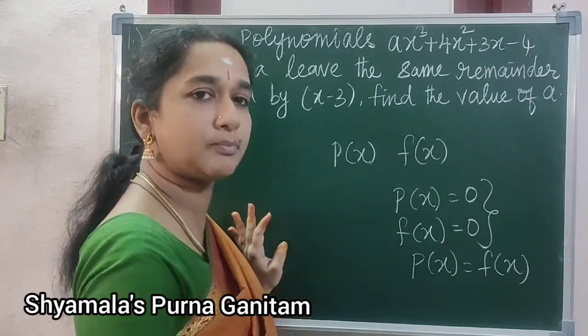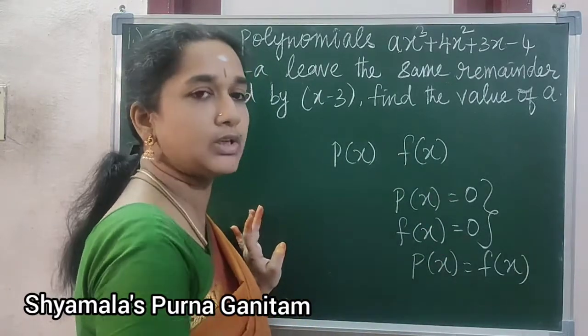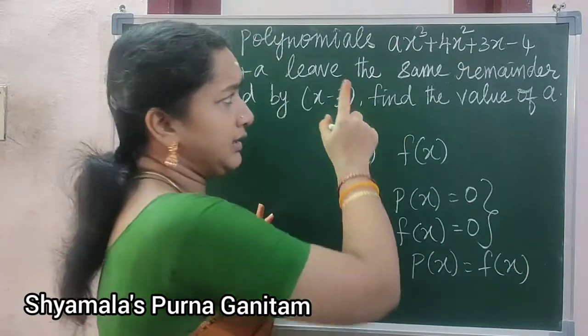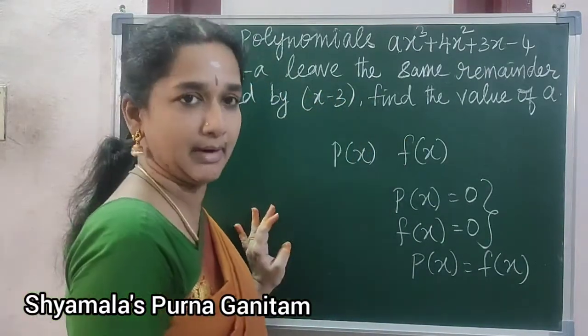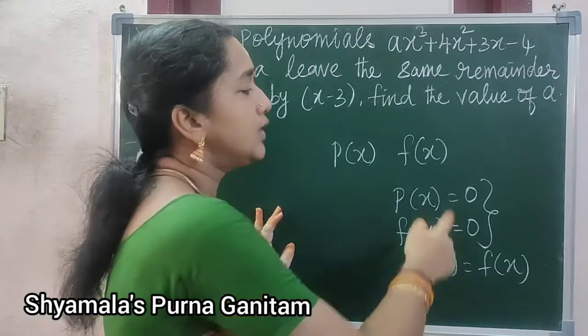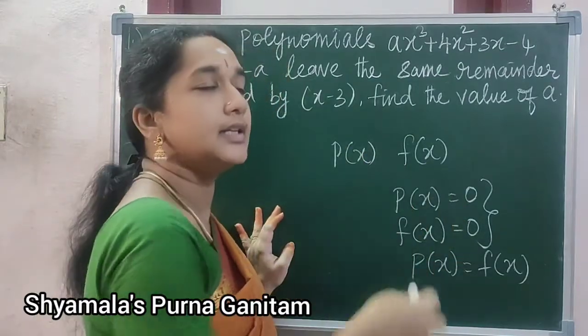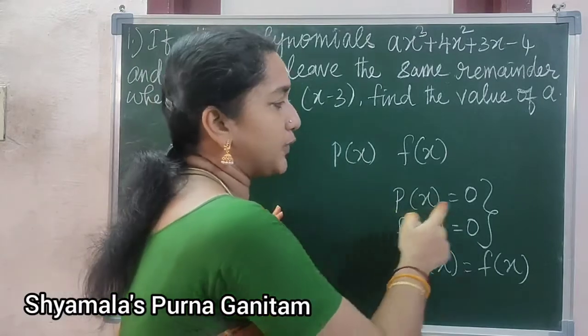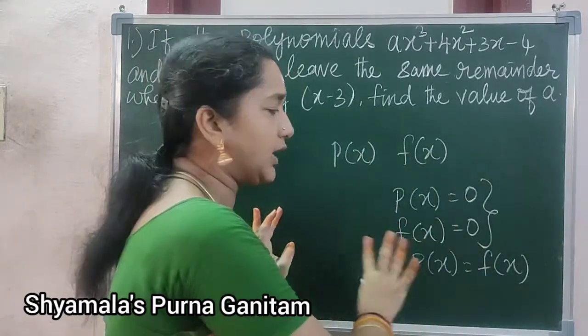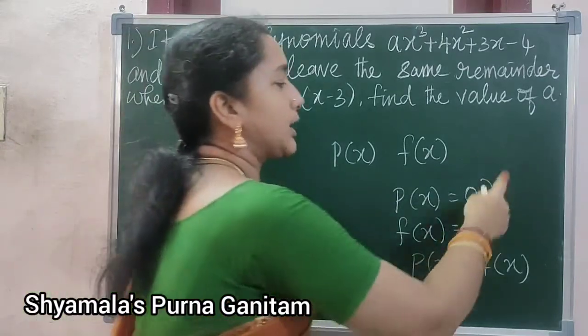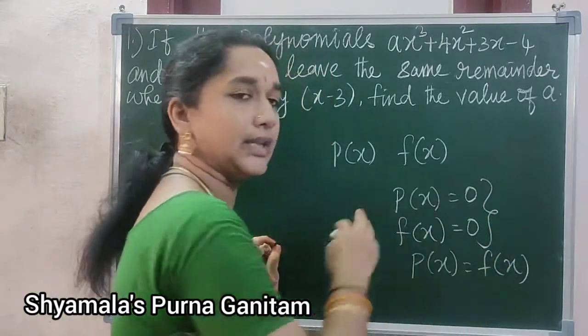Understood how you got the p of 3 and f of 3? One more time I will repeat. In the question it is given, both the polynomials are leaving the same remainder. Suppose I am taking that the remainders are same, that is p of x is equal to 0 and f of x is equal to 0. So my RHS is same, I can equate the LHS.